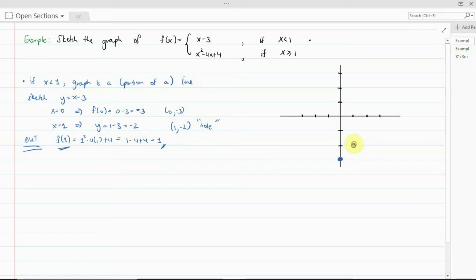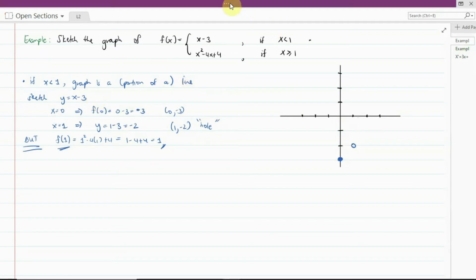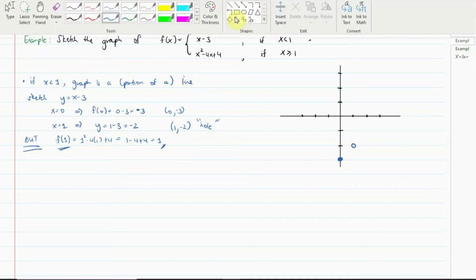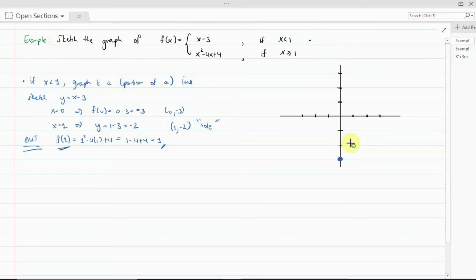Okay? Importante pa rin yan kasi you need to sketch the line y equals x minus 3. At para ma-sketch yon, you need to connect the 2 points. Okay? So, connecting 2 points, you have this line. So, when x is less than 1, ang graph ni f of x, etong line na to. So, it's the portion of the line y equals x minus 3.